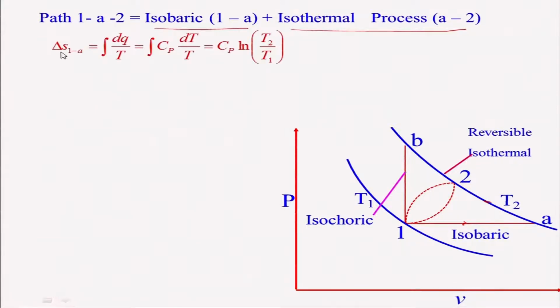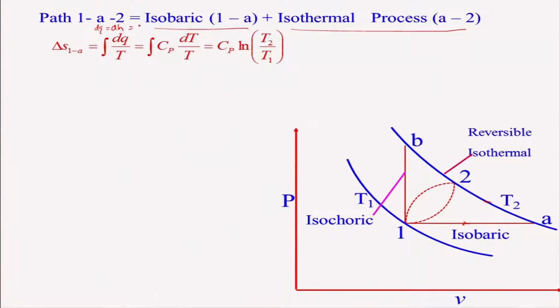So, the change in entropy for the path 1A is equal to dq by T, and this is the isobaric process. Therefore, dq is equal to dh, because it is an isobaric process. And dh is nothing but Cp dT.